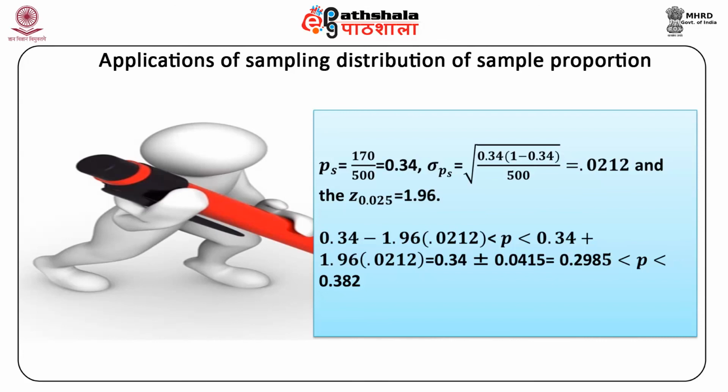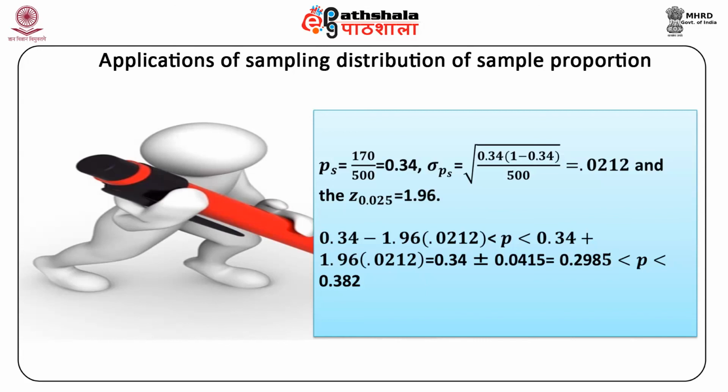Therefore, the 95% confidence interval is given by p greater than 0.34 minus 1.96 into 0.0212 but less than 0.34 plus 1.96 into 0.0212. On simplification, it comes out to be 0.34 plus or minus 0.0415.